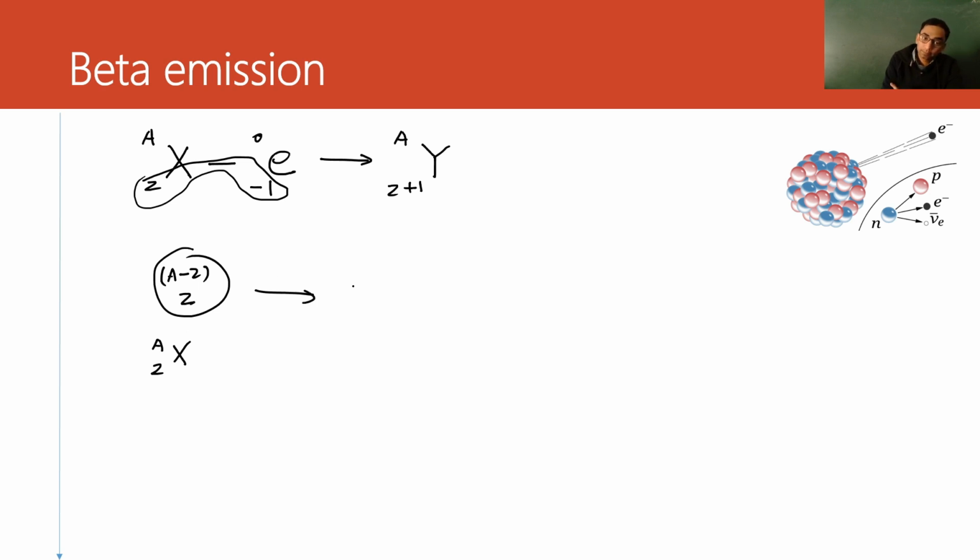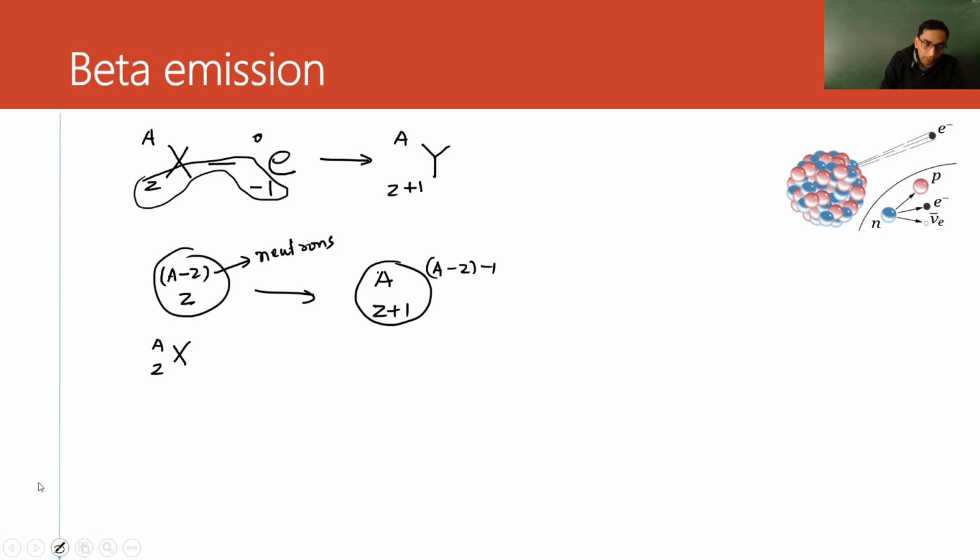Now, since one proton has increased, the atomic number increases by 1, but there is no change in the mass number because one neutron is lost and one proton is added. This was A minus Z, the number of neutrons. Now the number of neutrons would be one less, so it would be A minus Z minus 1, correct? But there is no change in the mass number, right?